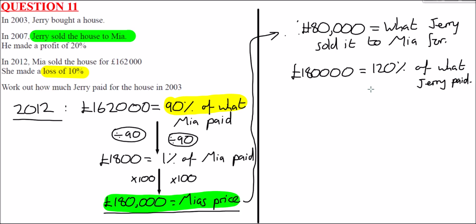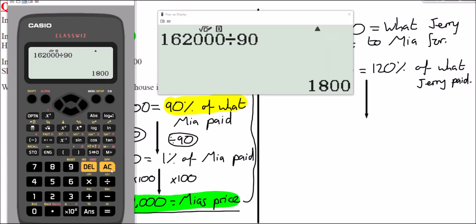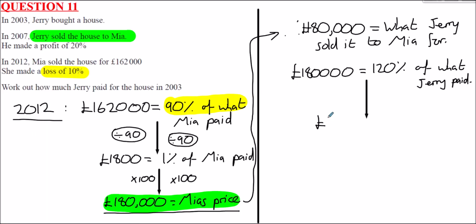And a similar process to work out 100% of what he paid, in other words, what he actually did pay. So again, get the calculator. £180,000 divided by 120, that tells us 1,500. So £1,500 is 1% of what he paid. So I did that by dividing by 120 on both sides.